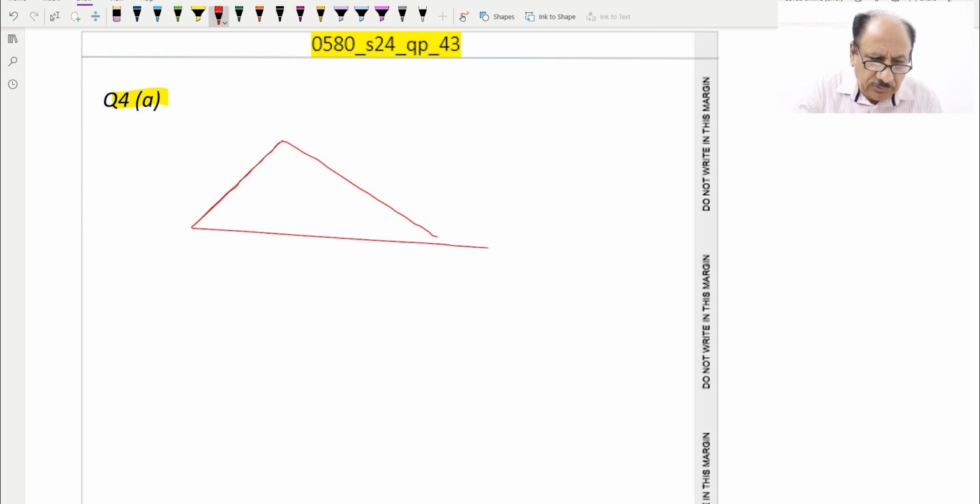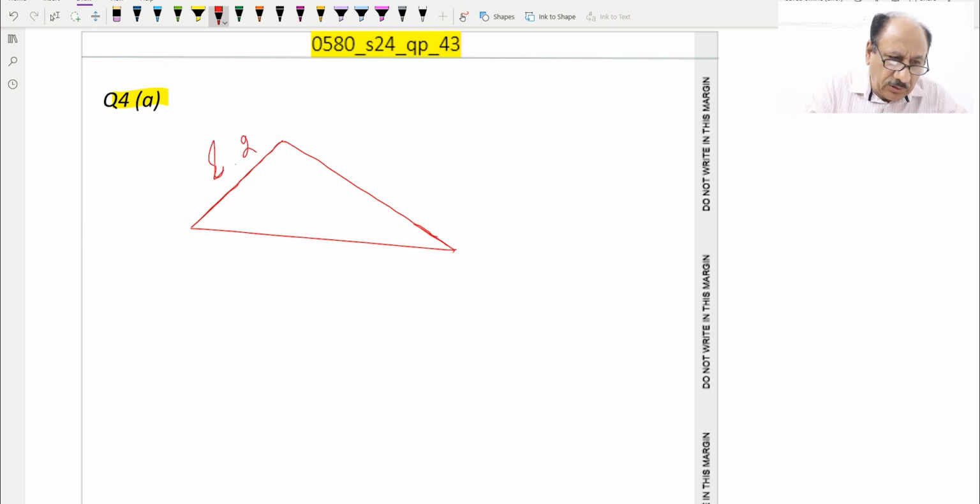So figure one. This is the triangle, and this side is r plus 2, and this side is r plus 5, and this angle is given as 30 degrees.